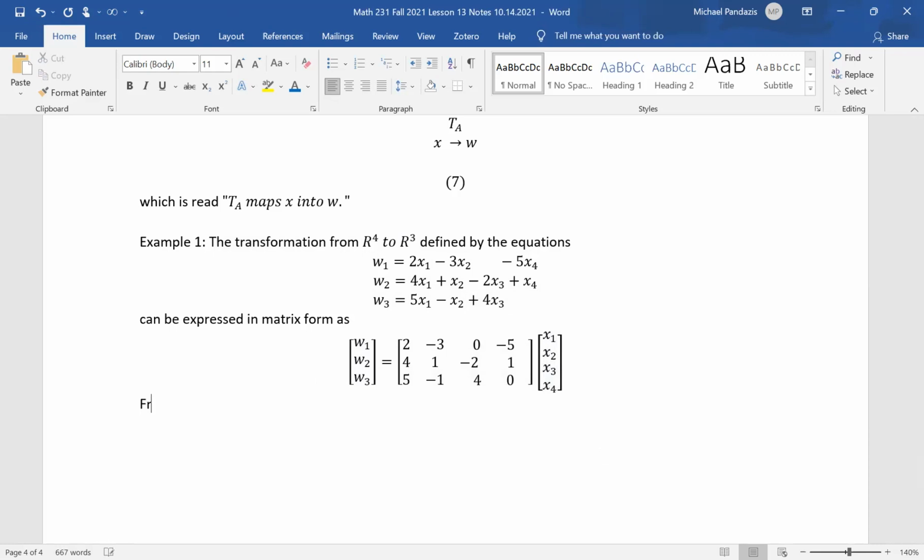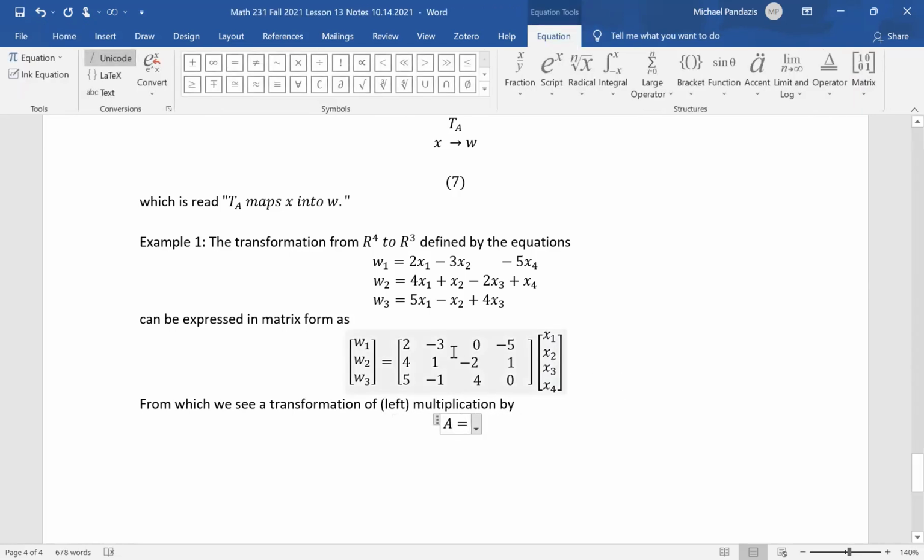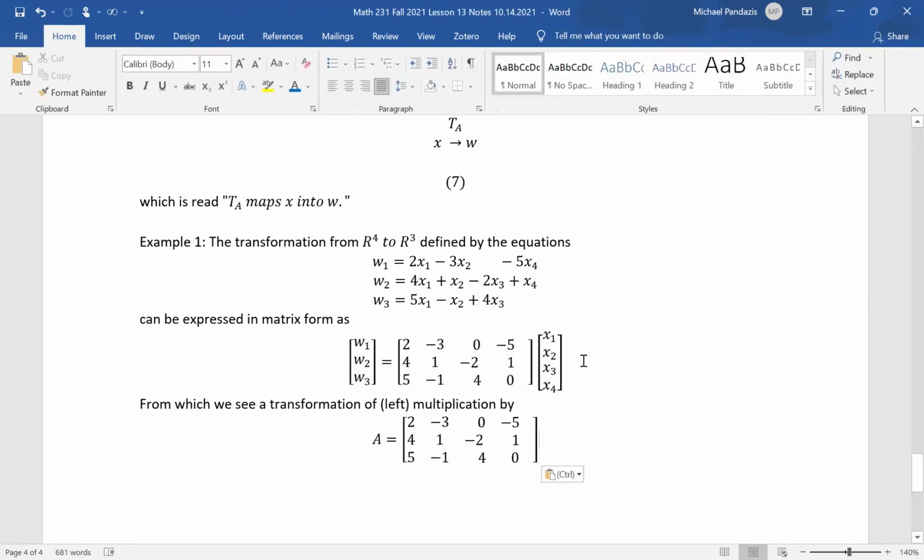Okay, so from that equation, we see a transformation of left multiplication, because when we say multiplication, we mean left multiplication. So from which we see a transformation of left multiplication by the matrix A, which is equal to this matrix, just left multiplying by that matrix.